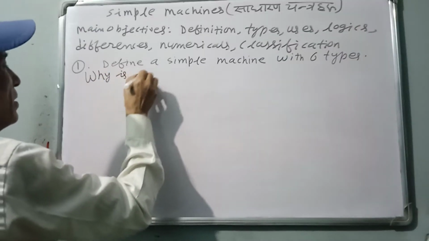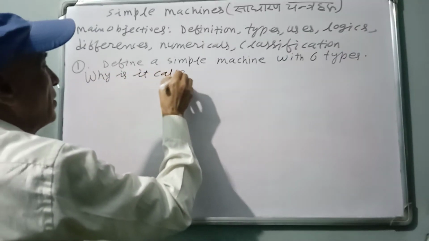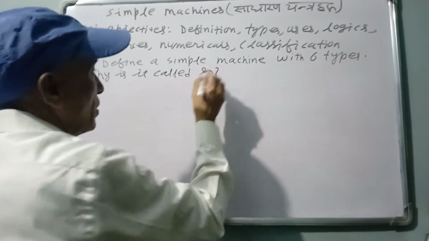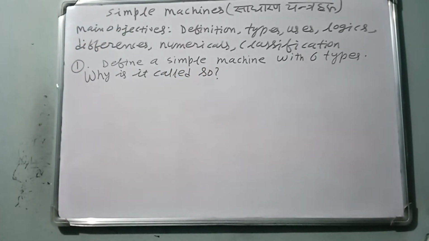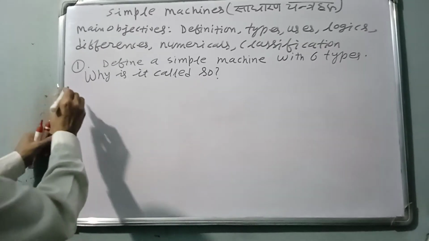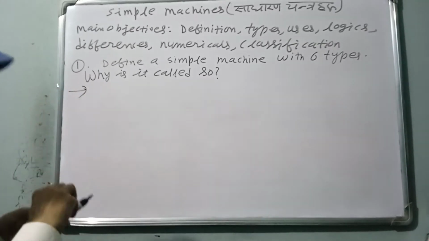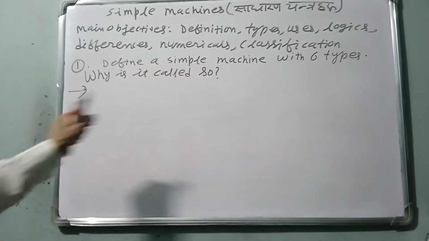Why is it called so? Here, so means why is a simple machine called simple? The reason is as follows. See, define a simple machine.